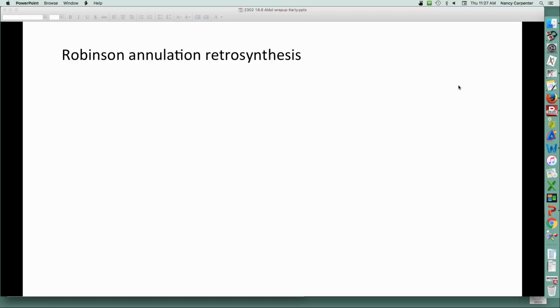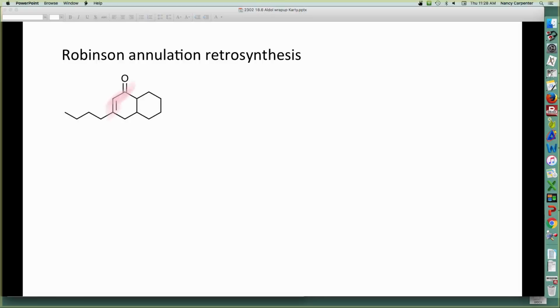All right, and last but not least, the Robinson annulation retrosynthesis. How's about doing one of those? Well, remember that the Robinson annulation pulls it all together. It's a Michael and an aldol. So when you look at this target, you see that's aldol.